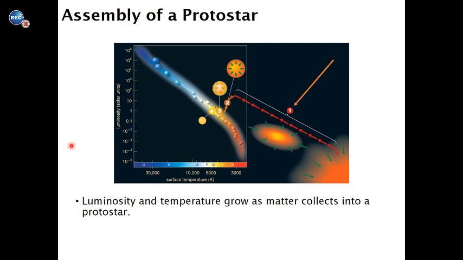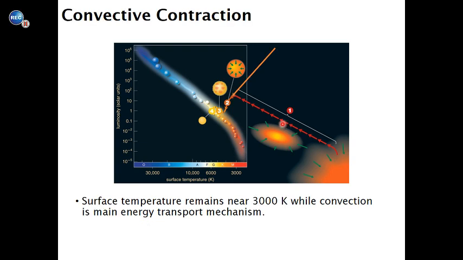Right, so going through step by step. The initial cloud contracts, luminosity and temperature grow. At this point, the surface is looking like a star, but the interior is not dense enough, and the interior is not hot enough. And so energy is being carried from the core outwards by convection.